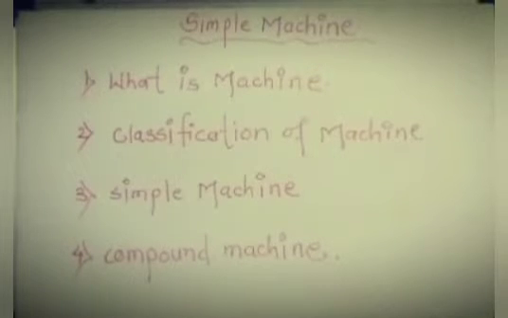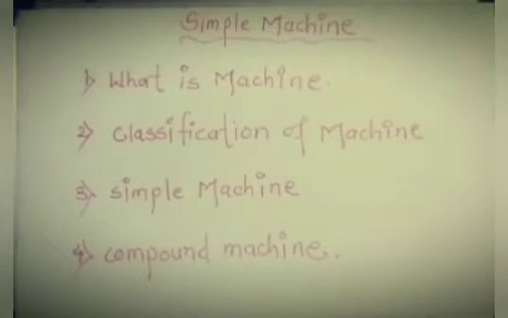If we have to lift a load, it has only one point for lifting, and we apply a certain effort at only one point. Whenever there is a single point for the application of effort and a single point for the load to be lifted, it is known as a simple machine.